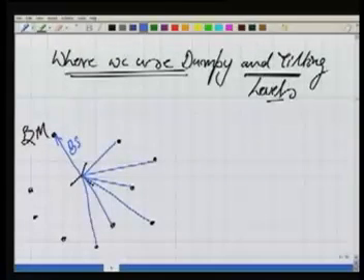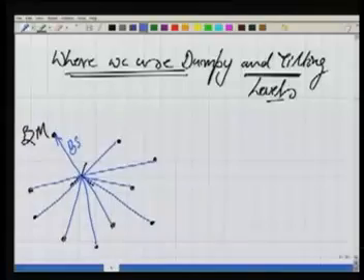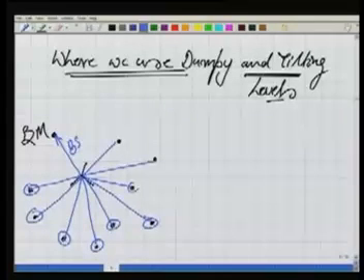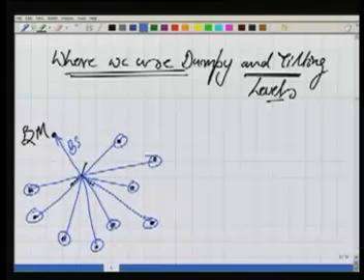So I did leveling only once, and after that, I am just rotating in the horizontal plane and taking observations by keeping the staff at all these points so that I know the RLs of these points. In case of the tilting level, how is it different?